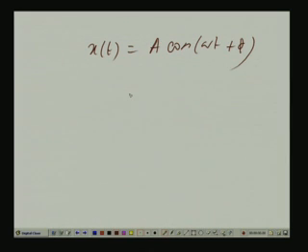Since it is sinusoidal and therefore periodic, you can easily predict all the future values, that is for all t greater than t naught, the waveform is known without any error, because of the periodicity. So this process is called a predictable process. We will talk about predictable processes and regular processes in more detail later.